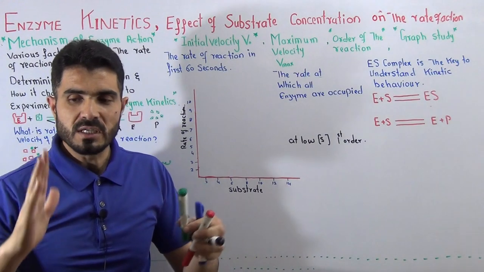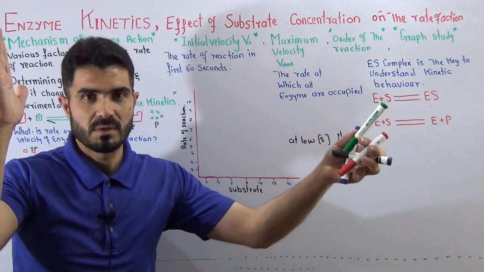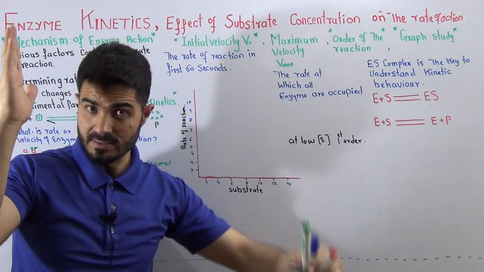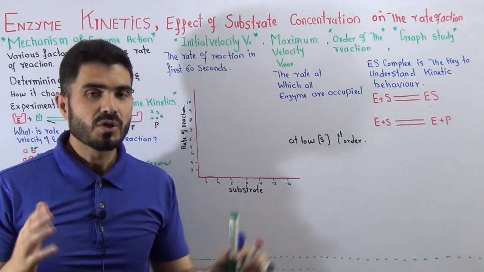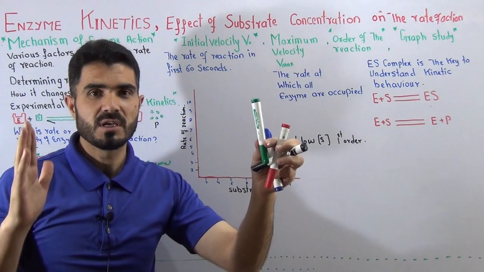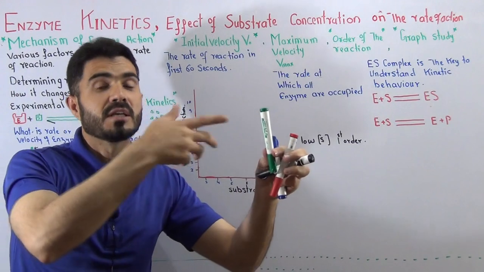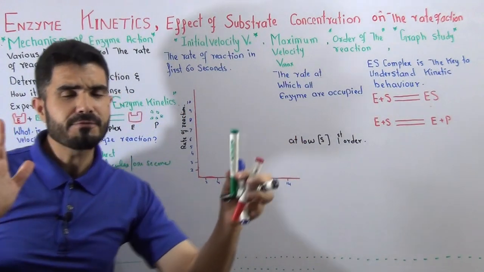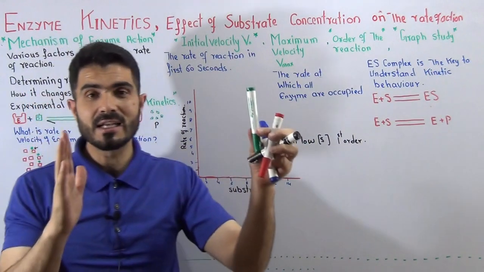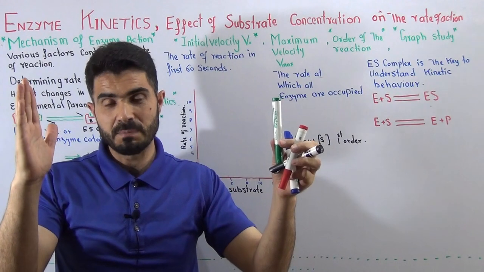If you increase the temperature, what will happen to the rate of reaction? Either the rate of reaction increases or decreases. Similarly, you can also make a relationship between the rate of reaction and the pH. If you increase or decrease the pH, what will happen to the rate of reaction? A kind of relation is developed between the rate of reaction and external parameters like pH and temperature.